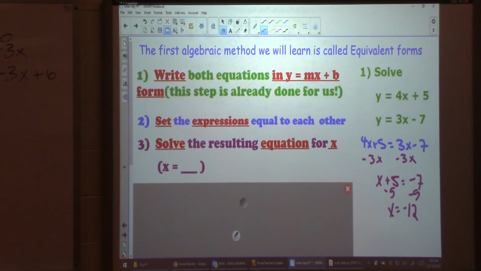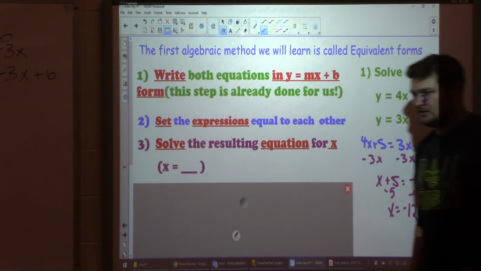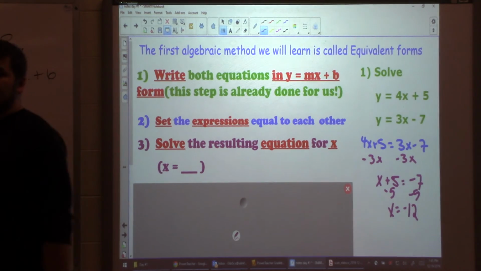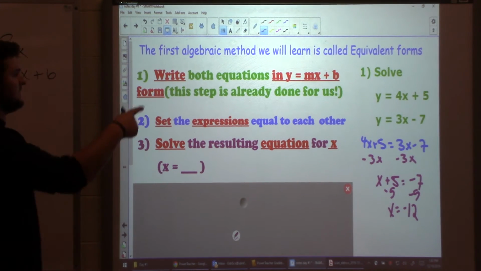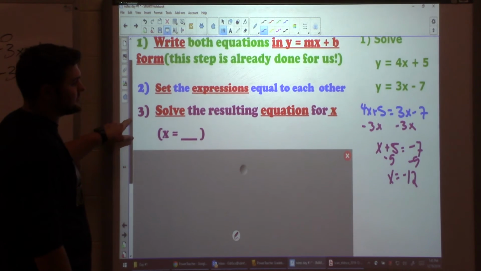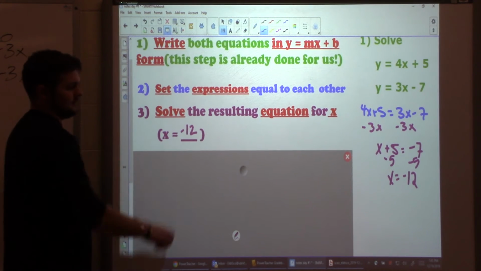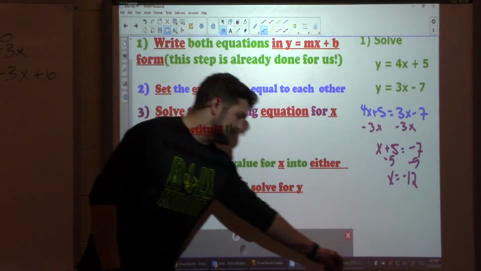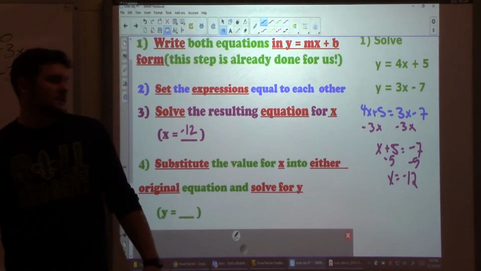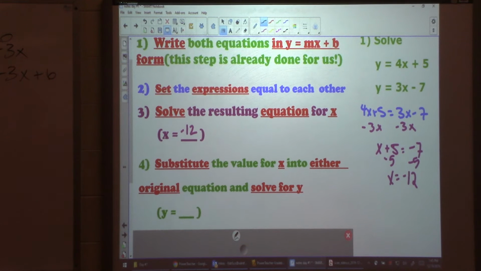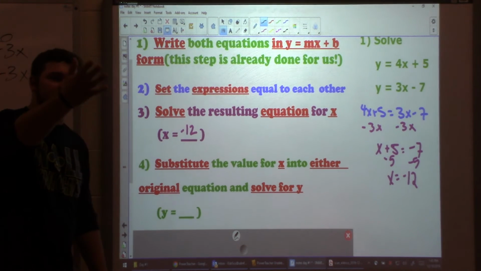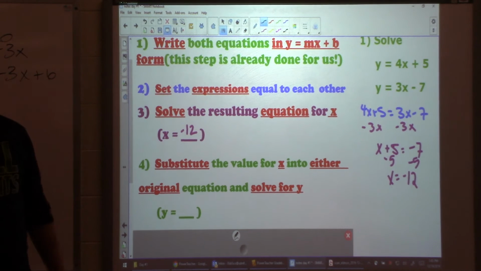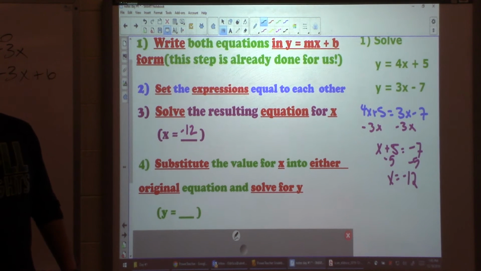Okay? We good so far? Sure. So first step, we'll set them equal to each other because they equal the same thing. Second step, solve for x. It's negative 12. Fourth step, take and substitute that value back into either of the original equations. Solve it for y. Elijah, do you want to use the top or the bottom equation? Top. Top, perfect.